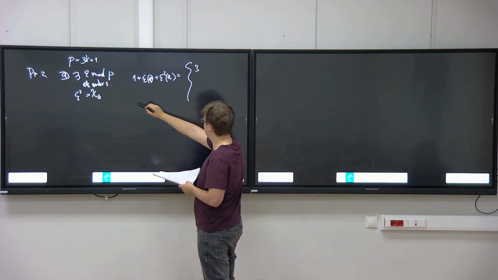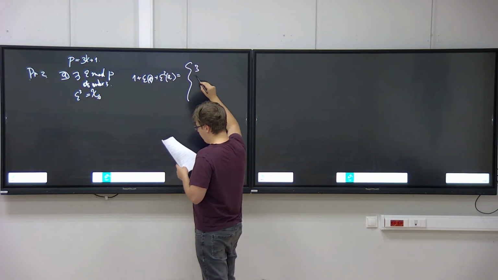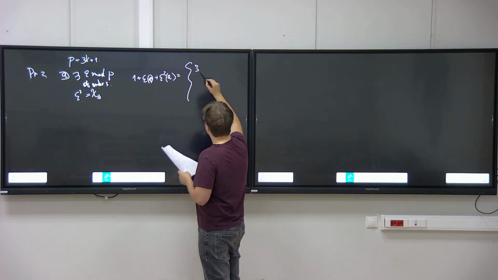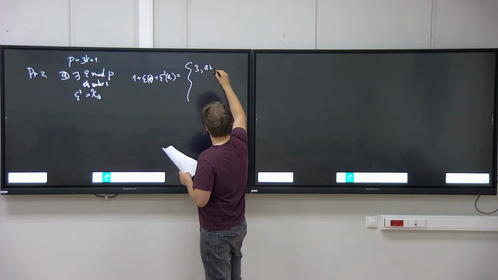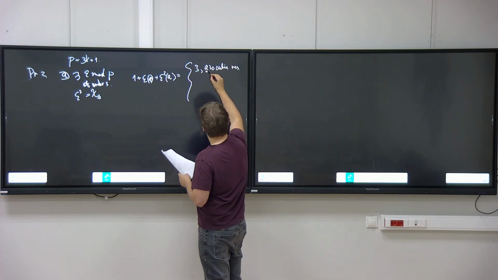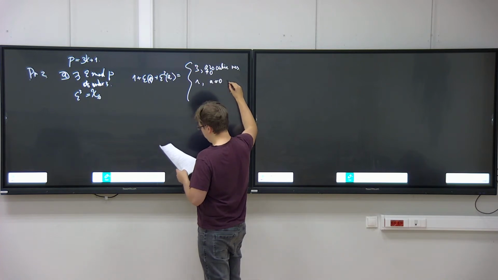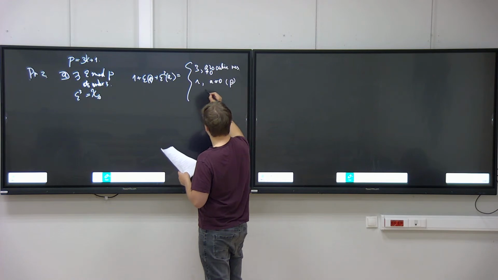So, of course, we have that such a sum is non-zero if A is a cubic residue: 0 if A is 0 modulo P, and 0 otherwise.